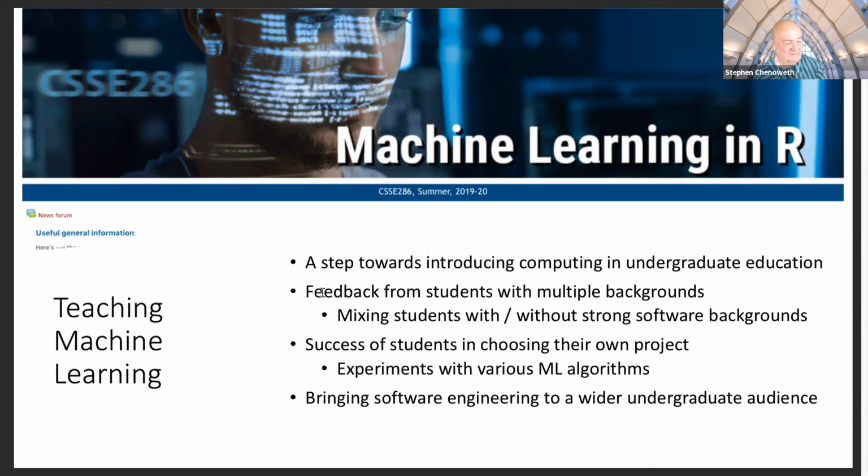The course itself is a step toward introducing computer science and software engineering into undergraduate students who might otherwise not be considering majoring in computer science or software engineering, but they're interested in machine learning for one reason or another. And so this is like an inducement for them to do this.